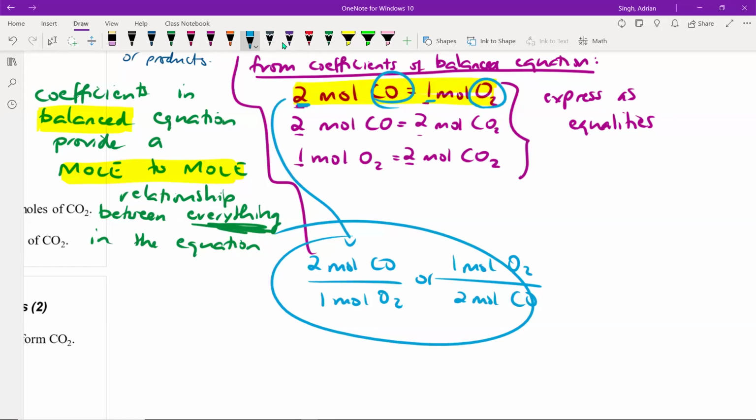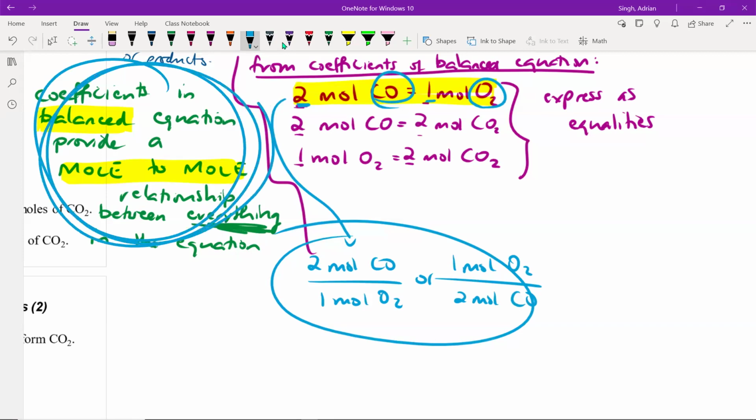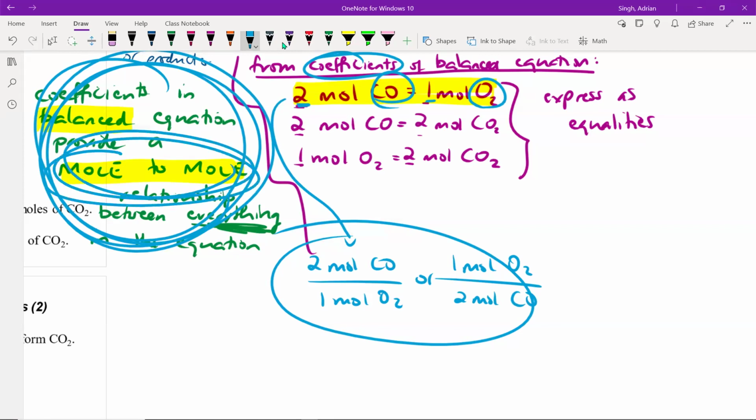The only difference is where that relationship is coming from, and it's coming from the balanced equation, just by looking at the coefficients. So when you take a step back, it is really, really straightforward to relate any two things. And that relationship, again, is a mole to mole relationship in that chemical equation.